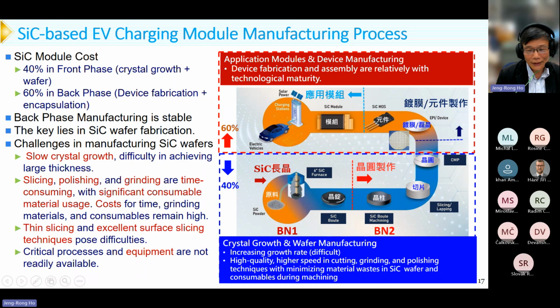So far we can make 8 inch wafers, and 8 inch wafers are supposed to be in very large mass production in the coming years. However, growing thick silicon carbide is still very challenging.